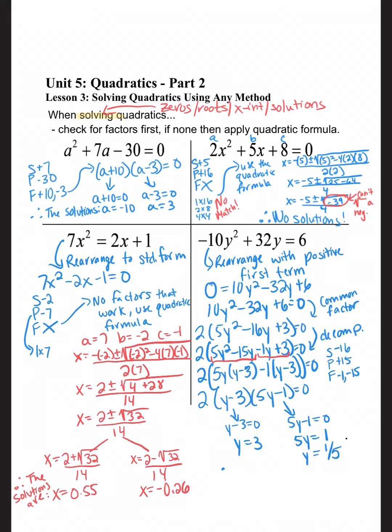So we could say therefore the solutions are y equals 3 or y equals 1/5. Okay, so always looking for, can I factor a quadratic? If I can't factor it, I'm going to use the quadratic formula.